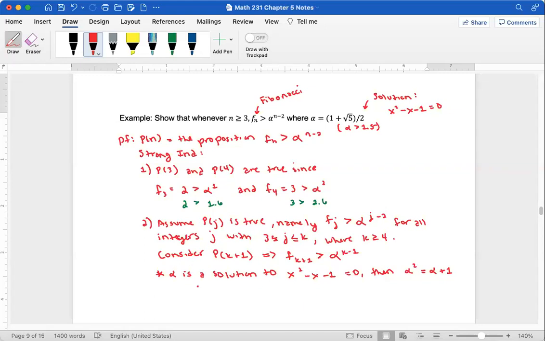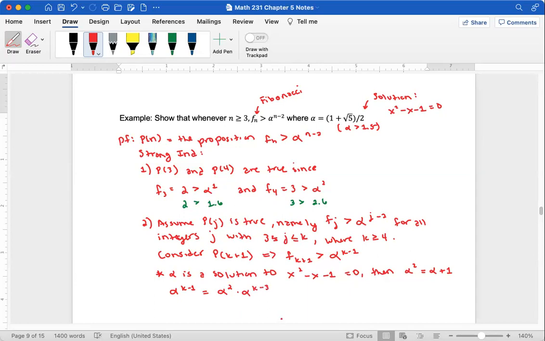Okay, that means that alpha to the k minus 1, which is what I'm trying to get at right now, sorry, that kind of looks like an A, but it's alpha, happens to equal, if I take off a squared, alpha squared times alpha to the k minus 3.